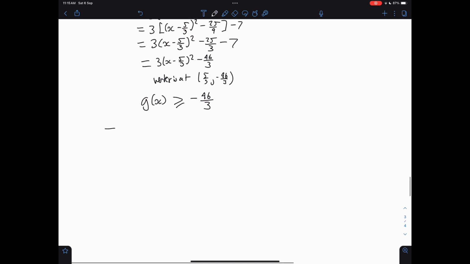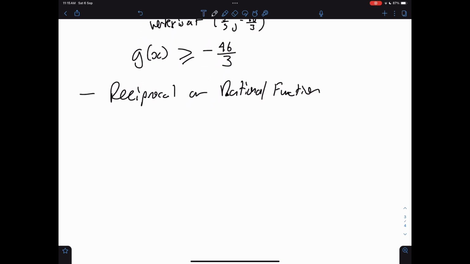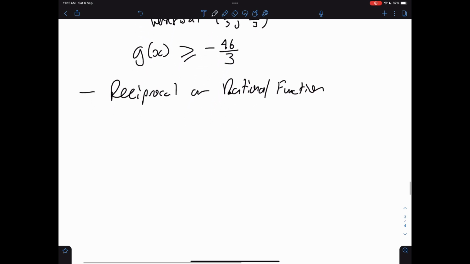And then the other case would probably be a reciprocal or rational function. Something with fractions. And additionally for this, you might even be asked to do a domain, and there's a few reasons for that.